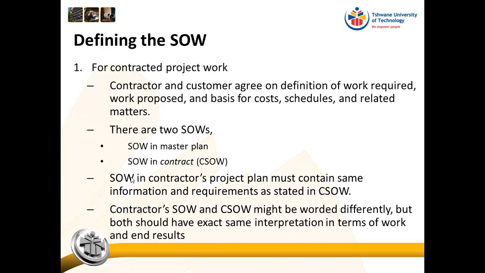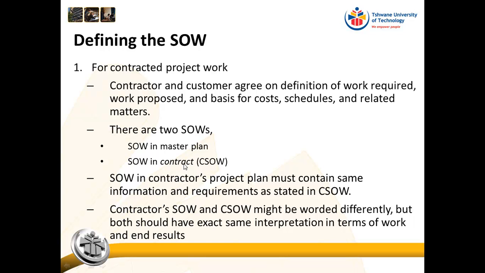So think, for example, if we are building an aeroplane and the customer is in charge of the aeroplane system. The contractor is in charge of building the engine for the aeroplane system. So the statement of work in the master plan will be very, very extensive because it will include and describe all the work that has to be done to build the aircraft system.